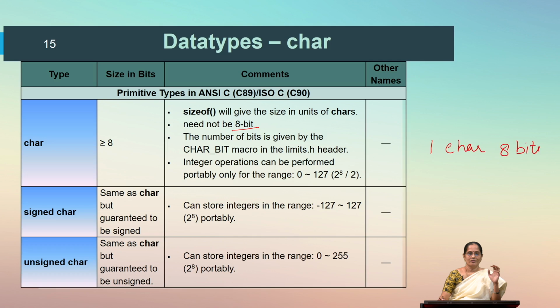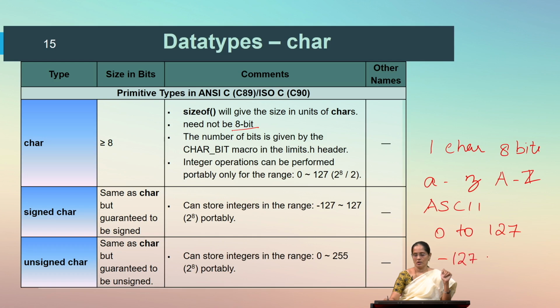Starting from the alphabet A to Z, and similarly the uppercase characters, we assign ASCII values for the representation of these characters, which generally range from 0 to 127 in this case, because char representation will not allow any negative representation.